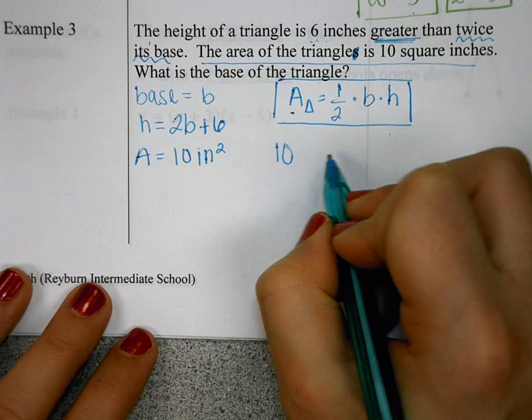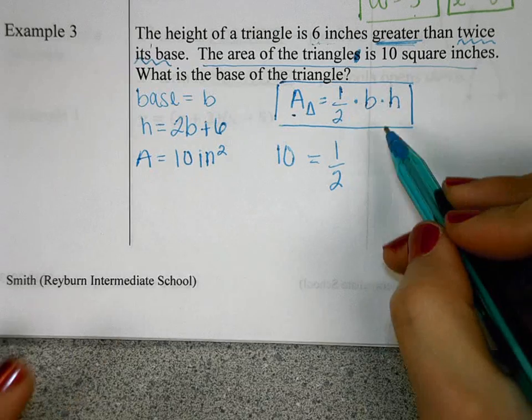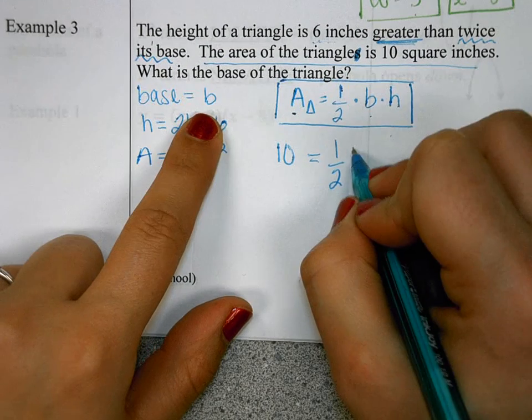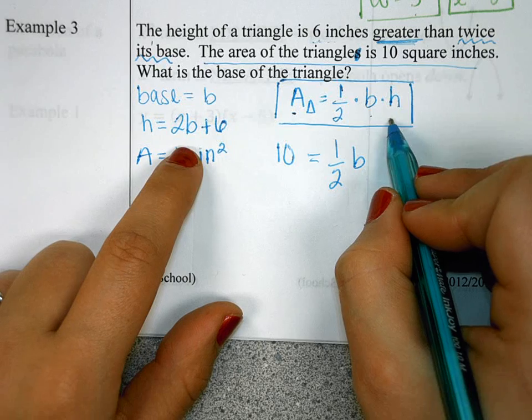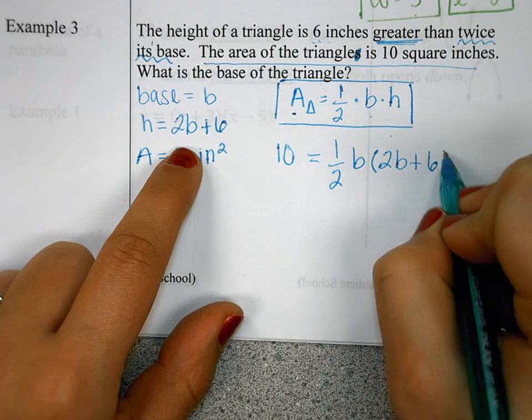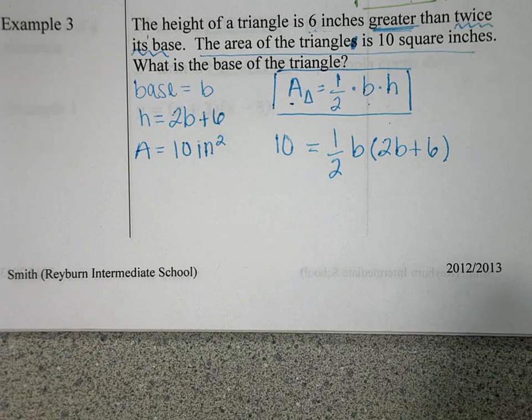What's the area equal to? 10 equals 1/2. What's the base? B. And what's the height? 2b plus 6. So here's our equation. Anybody see anything that we could do, Savannah?